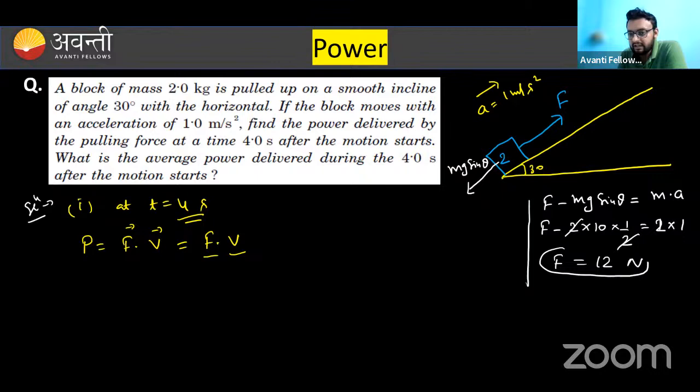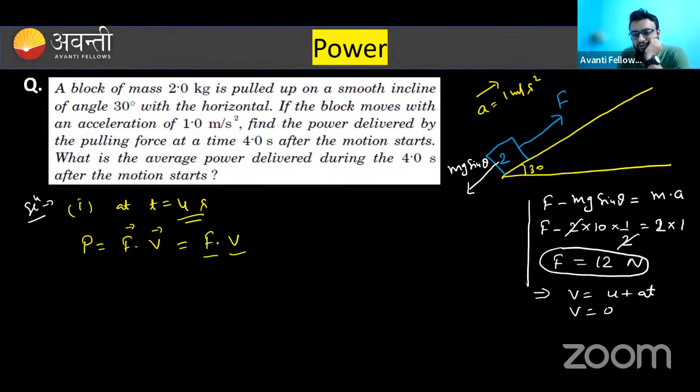This is the first unknown that we needed to know, F. We got that. The second unknown is the velocity at t equals to 4 seconds. Do you know the kinematic equation? V is equals to U plus AT.